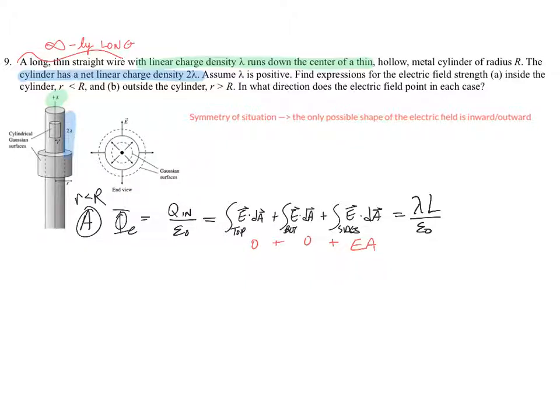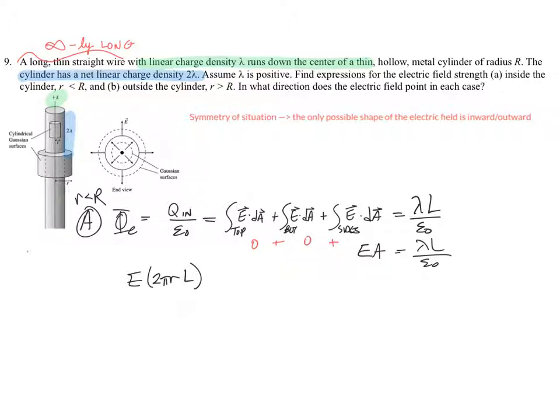So E A is going to be our lambda L per epsilon naught, which means that the electric field times the area, 2 pi r times the length. Now, what is that?